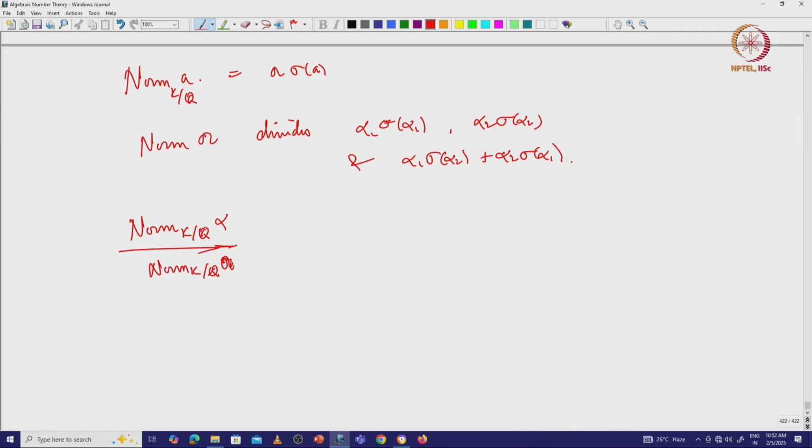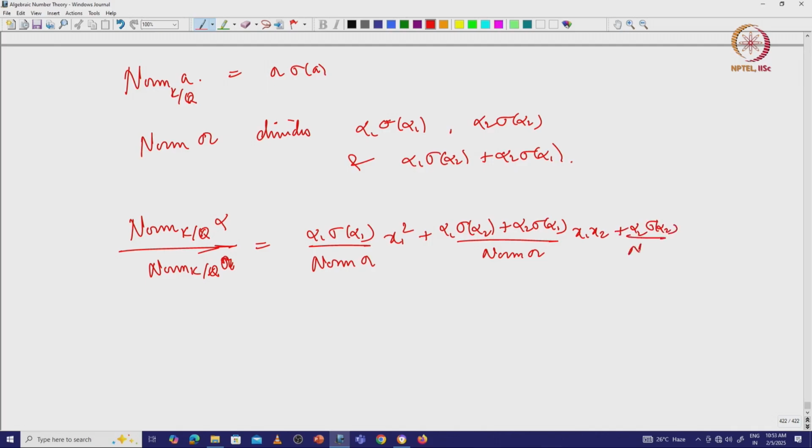Another way to see that there is divisibility is by saying that this is an algebraic integer, right. So, this will be alpha 1 sigma alpha 1 by the norm of A, I will forget about the subscript, x1 squared, plus alpha 1 sigma alpha 2 plus alpha 2 sigma alpha 1 by the norm of A, x1 x2, plus alpha 2 sigma alpha 2 by the norm of A, x2 squared.